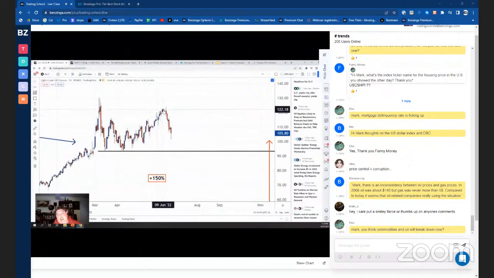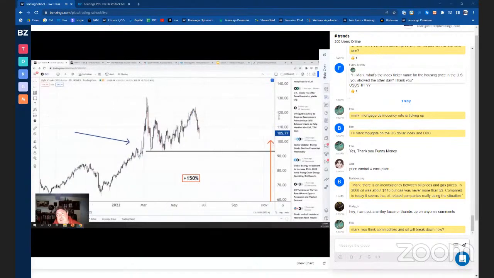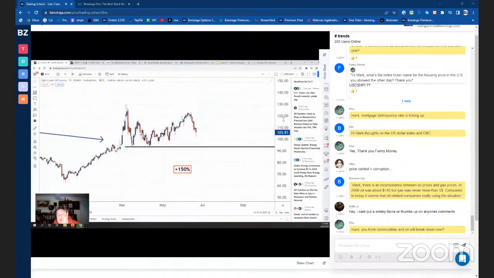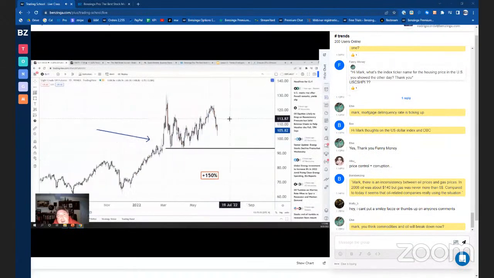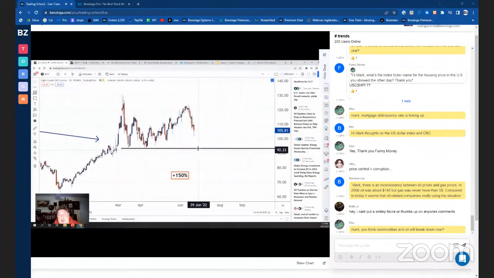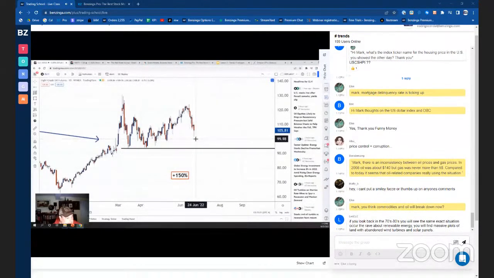I don't know if this is telling us now that we're starting to slow down. This could be yet another thing telling us we're going into a slowdown. In other words, it's going down because there's just not as much demand. Still very high though. It's still going to be detrimental to the economy.